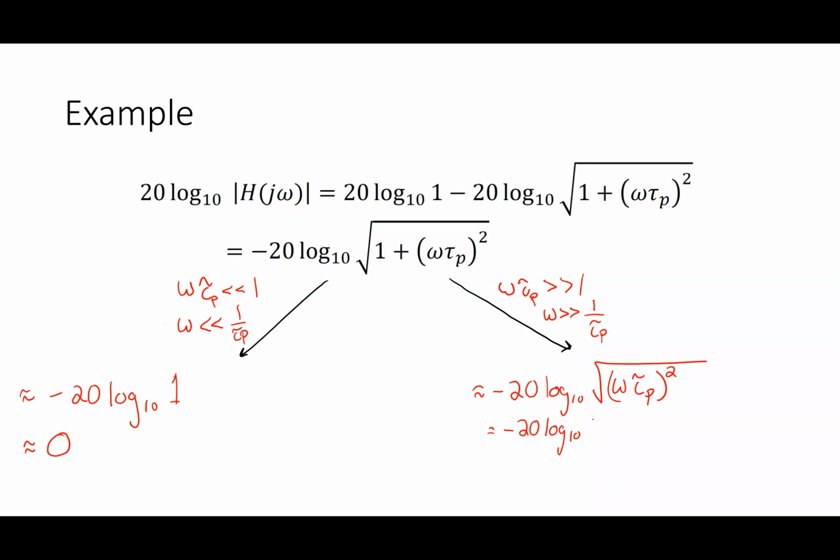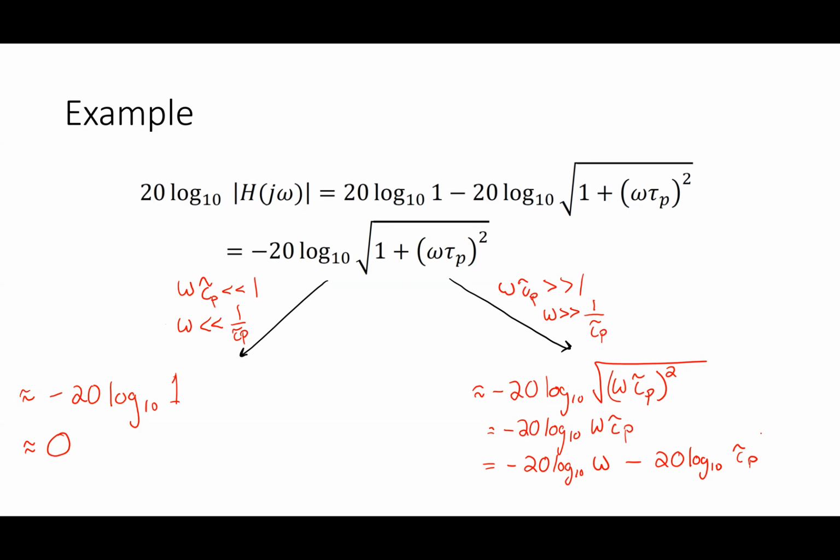So it becomes omega tau p. And then I can break that up, saying that's negative 20 log base 10 of omega minus 20 log 10 of tau p. Shouldn't it be plus? Nope. Negative 20 up front.